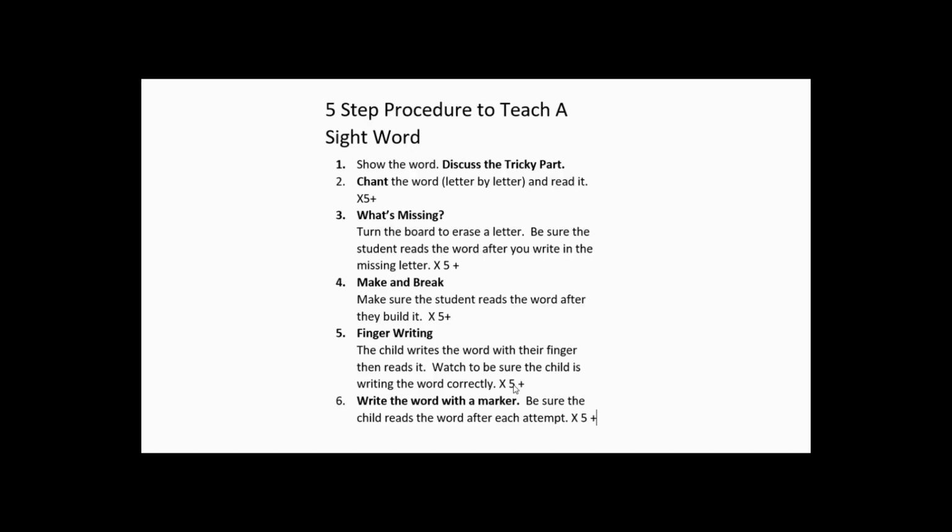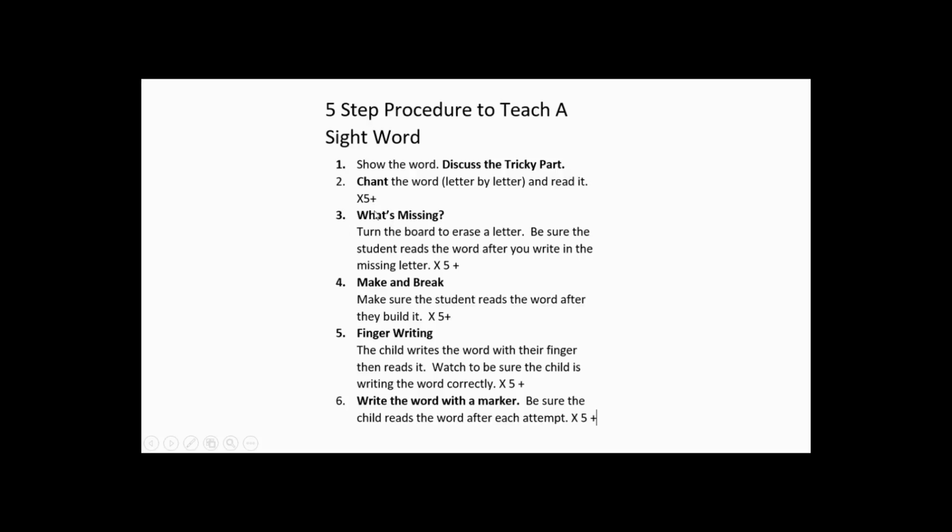Now, this is a wonderful progression of procedures. Because if the child has a problem at any point in this progression, so let's say you were able to talk about the tricky part of the word, the child chanted the word letter by letter and read it over 5 times, and then when you got to this what's missing part, when you turned the board and maybe you erased the W in the word was, the child couldn't remember that letter.